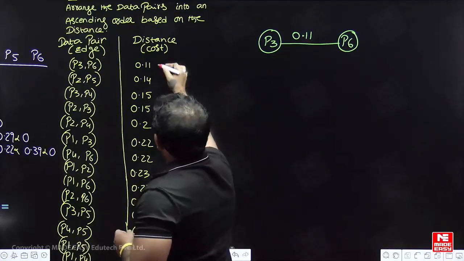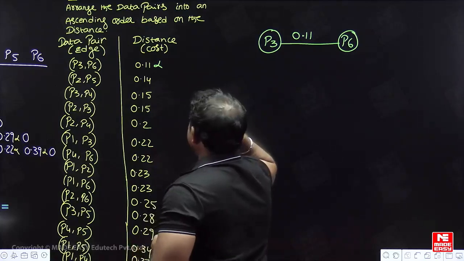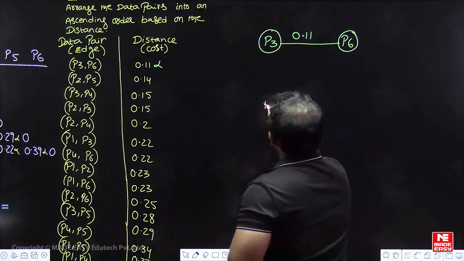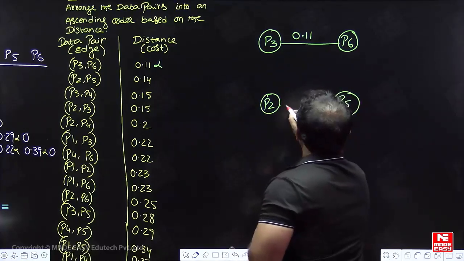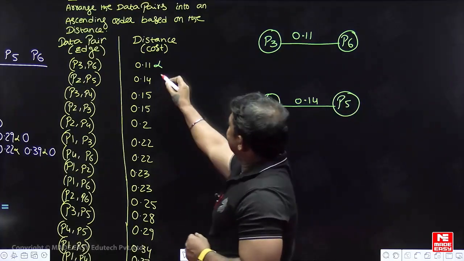Next smallest cost, P2, P5, connected with an edge cost of 0.14.